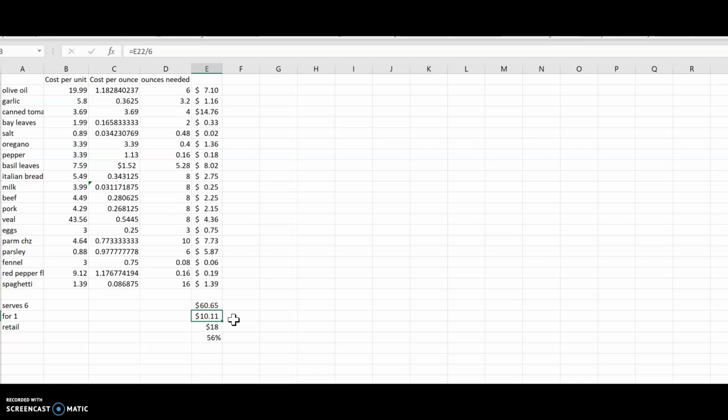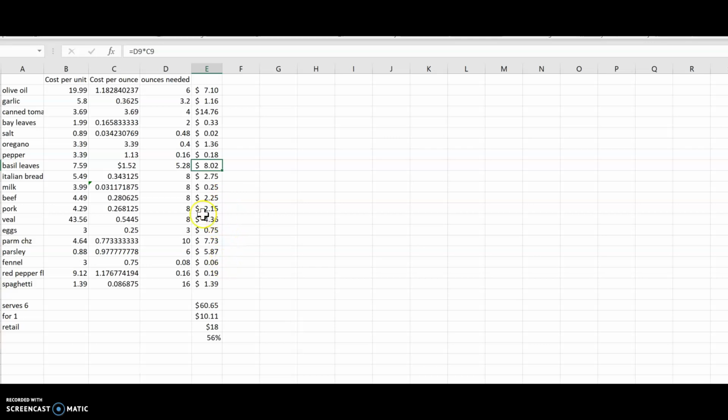So then I could take a look and see what are the most expensive things that I'm using here. And I see, gosh, the canned tomatoes, maybe I can look for a different, better vendor for that. And the basil leaves, do I need fresh basil leaves? Yes, I do. Or no, I don't, and I can use something a little bit less expensive.